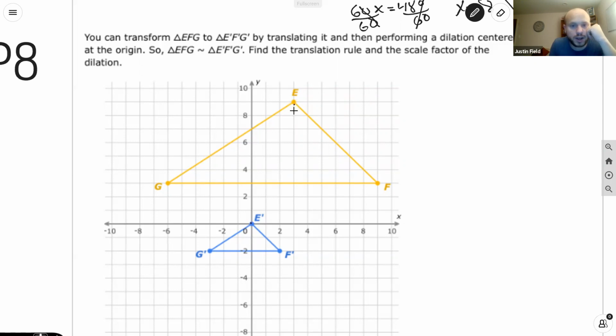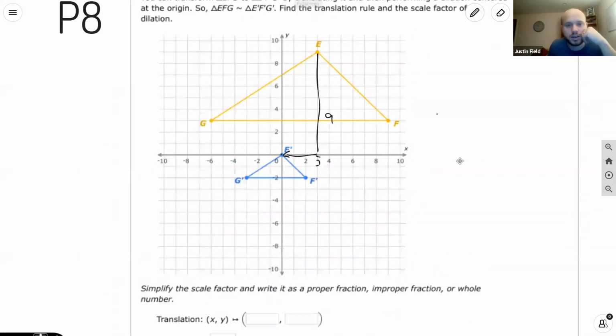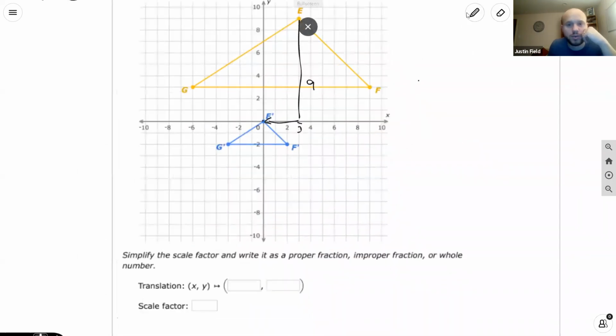If I moved it, I would be moving it down 9. It's down 9. And then this is 3. Okay. So it looks like the translation to get from E to E prime would be -9, minus 3. X minus 9, Y minus 3.